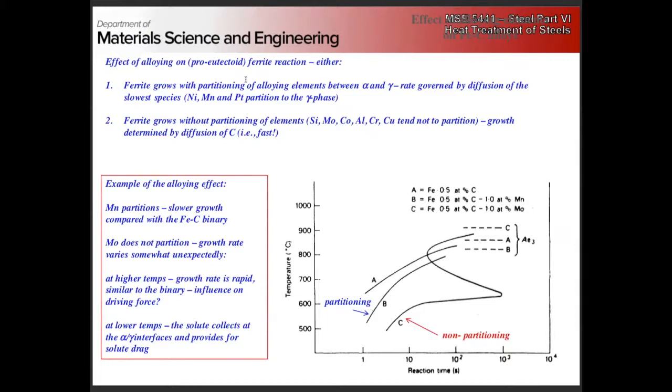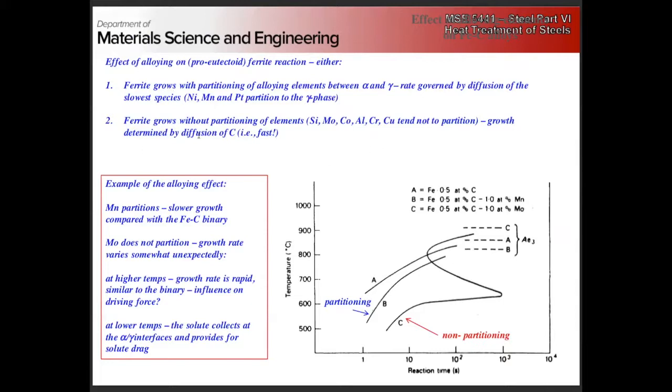And the rate is governed by the diffusion of the species, right? So we have either 2 cases, depending on how slow we cool it, or if we can have a para-equilibrium where ferrite grows without partitioning of the elements, right?